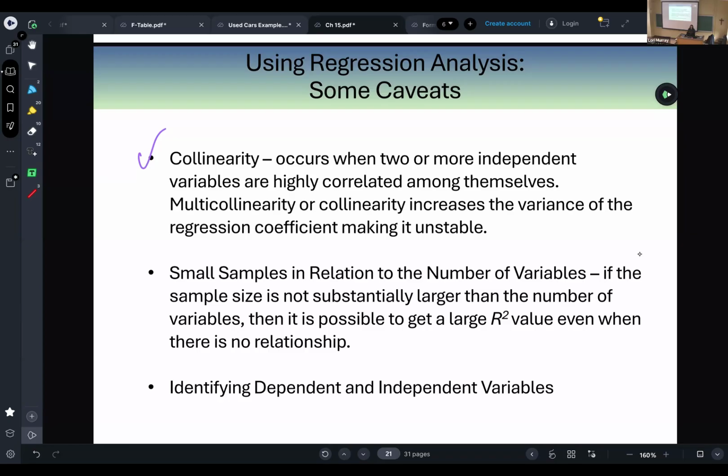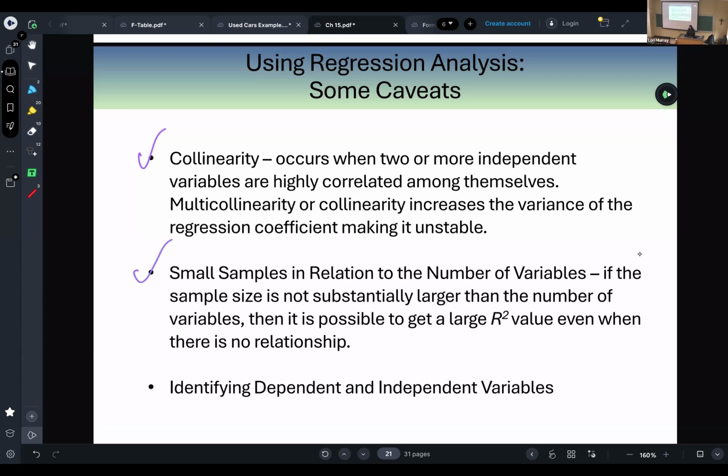We always say it's the simpler model that is usually best, not the complex model. If the sample size is not substantially larger than the number of variables in the model, then you might get a large R squared value even when there's no relationship. You might think you have a really good model, but the relationships may be artificial.